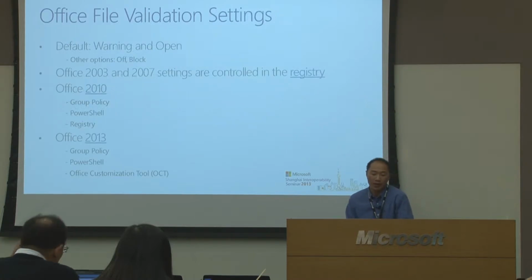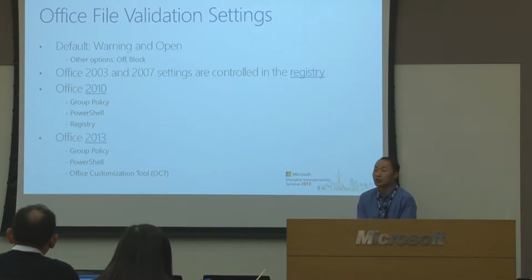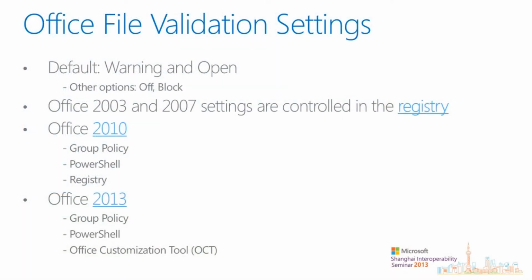So we'll take a quick look at the Office file validation setting. By default, OFV is turned on, and it will warn the user and still allow you to open the document. The other options available are turning off OFV altogether, and also blocking the document from opening.